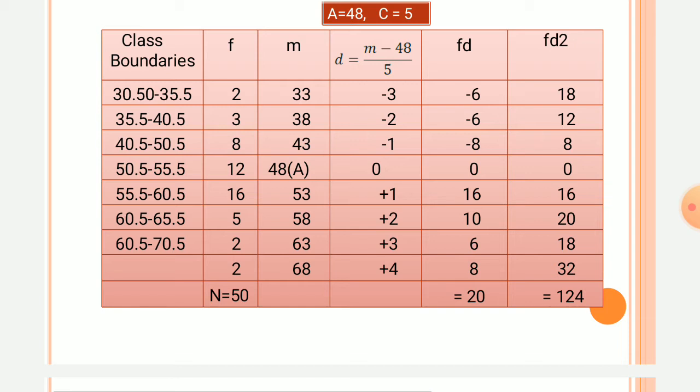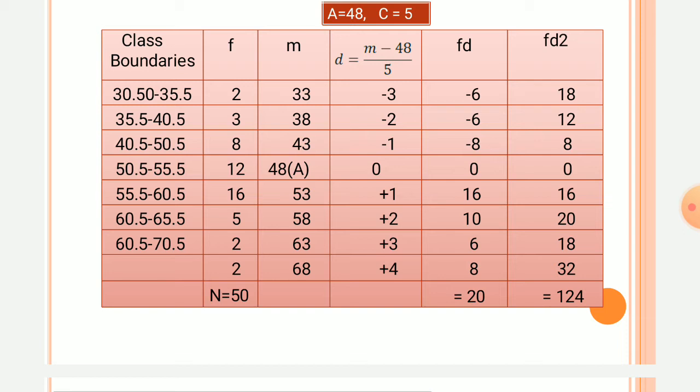Then from these class boundaries we have to calculate the mid value m or x. That can be calculated as lower limit of the class plus upper limit of the class divided by 2, l plus u by 2.